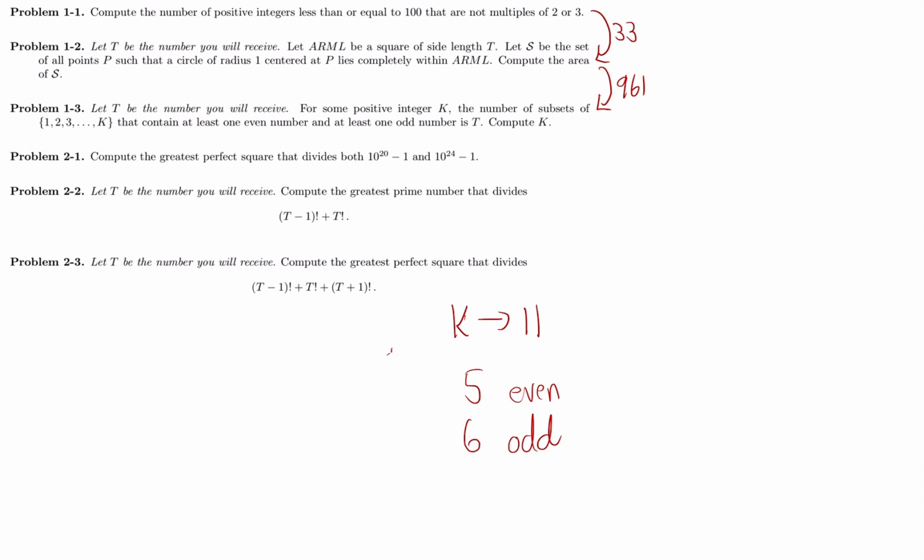From the 6 odd, we need at least one of them, and from the 5 even, we need at least one of them. So we have 31 options to choose from the 5 even, and 63 options to choose from the 6 odd. If k is 11, then our answer is going to be 31 times 63, which is larger than 961. So k is less than 11.